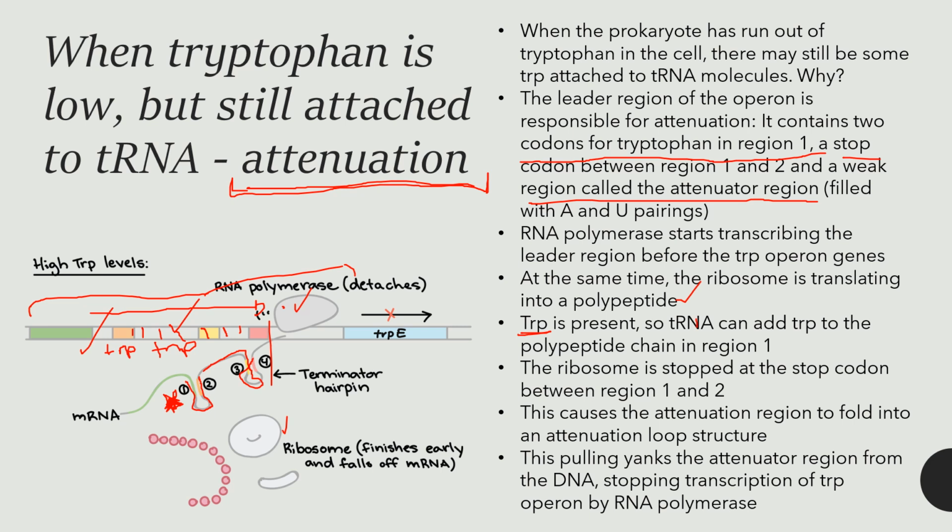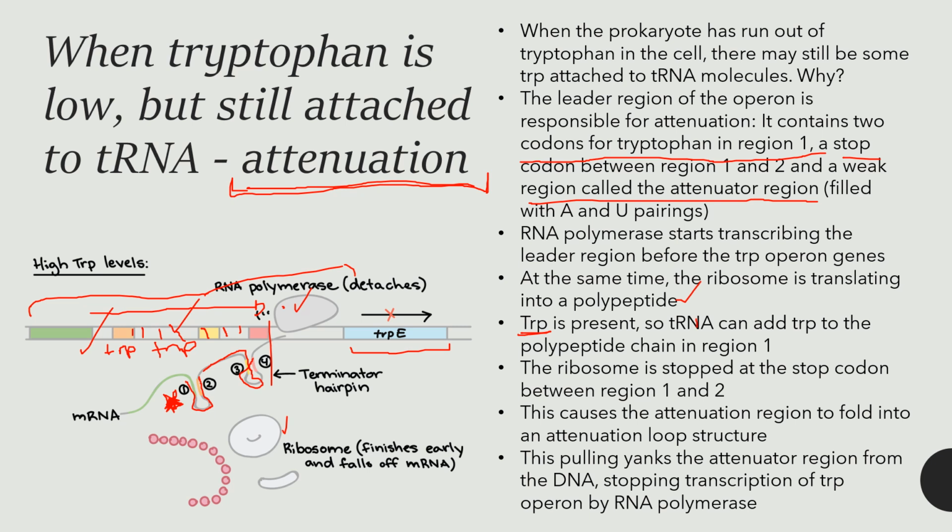This pulling, this yanking together, causes RNA polymerase to basically not fly off, but it falls off the leader region. So this yanking makes RNA polymerase detach. Because RNA polymerase has detached, it therefore cannot transcribe the trp operon fully because it's fallen off from the yanking of these hairpin loops. And therefore transcription is stopped early.